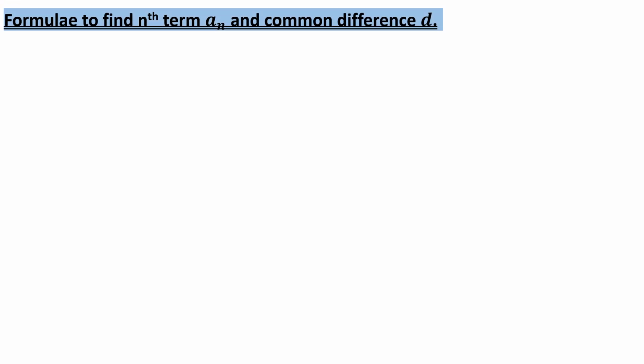Now, let us make a list of the formulae to find the nth term an and the common difference d. An equals A plus n minus 1 into d. This is the first formula.